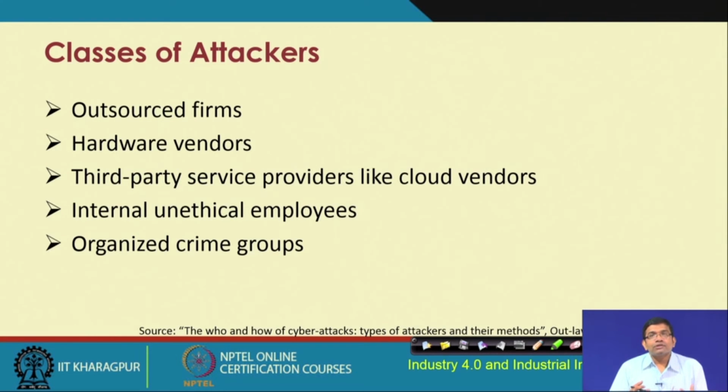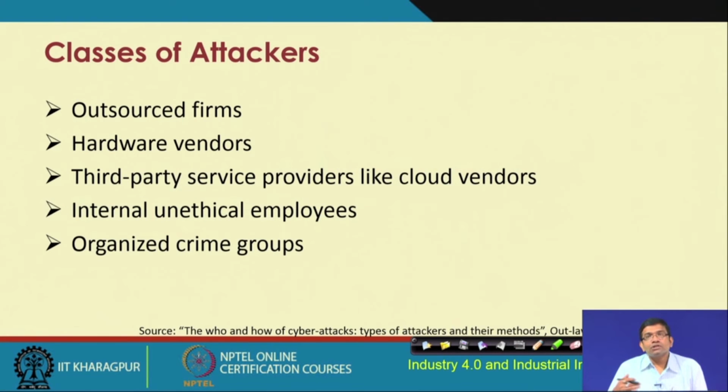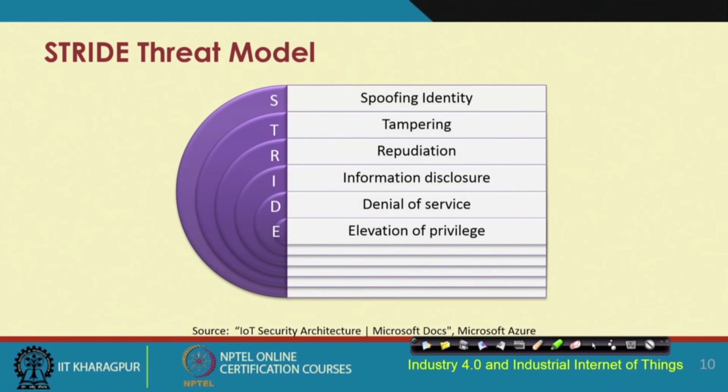So, basically employees from within the organization who adopt unethical practices might also be the attackers. So, these are the attackers from within the organization, and the last one is the organized crime groups who intentionally want to launch different types of attacks on these IIoT systems. So, this is the threat model and these are the different aspects of the threat model.